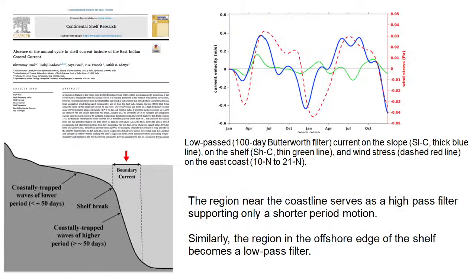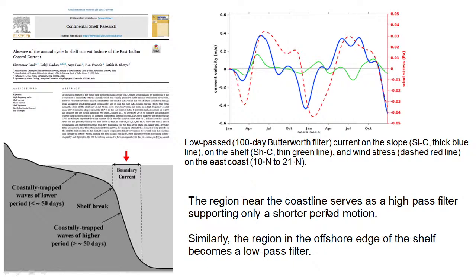I'm just showing an interesting research recently published by Bishomoy et al. They also talk about the role of bathymetry. Actually, they say that the shelf break, or something which is near to the coastline, is going to act as a high pass filter.